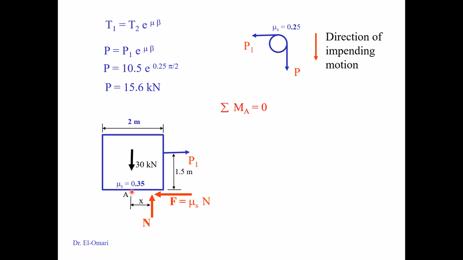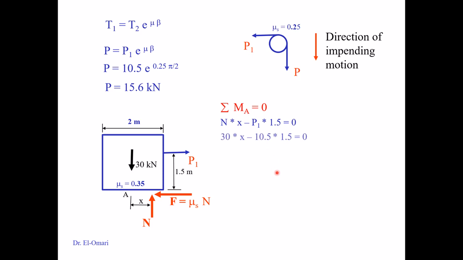Finding a distance is done with the moment equation. So if you take a moment about this point, point A, and write the equation, then you have the normal force multiplied by the moment arm, rotating counterclockwise positive, and then subtract from that P, which is rotating clockwise, multiplied by the moment arm extending from the point of rotation to the line of action, and this perpendicular distance is 1.5.